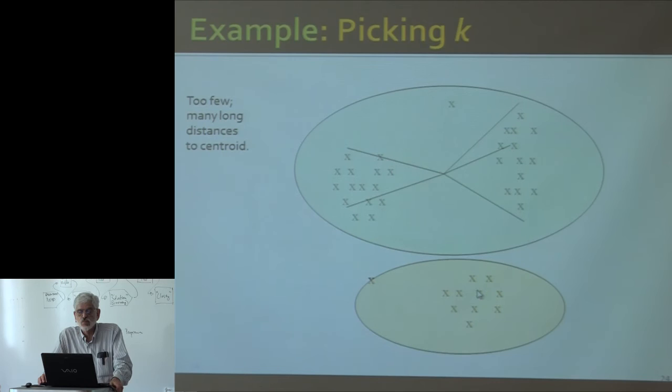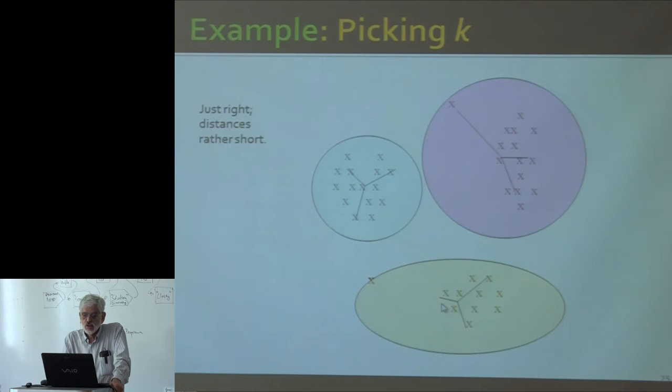It'll have a relatively small distance to centroid. When I use the right number of clusters, since the outliers get assigned to a cluster, they will still have long distances, but most of the points will be relatively close to their cluster centroid. So there'll be a big drop going from 2 to 3.